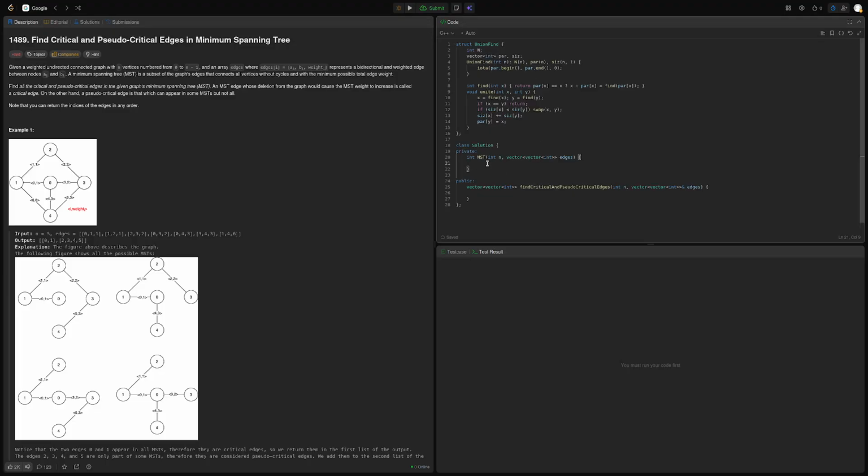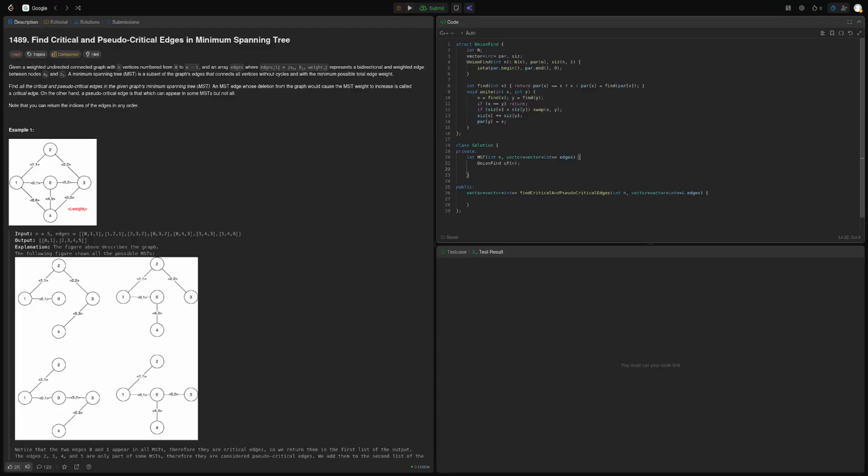I would have to look up how to erase whatever element, but fair enough. So we need some MST. So I guess we do union find, I mean, edges could be sorted.